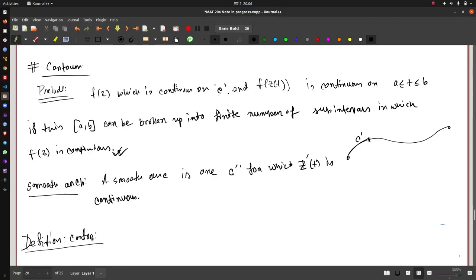A contour is just a piecewise smooth arc. And on a contour, z prime is piecewise continuous while z itself is continuous. So keep this thing in mind.